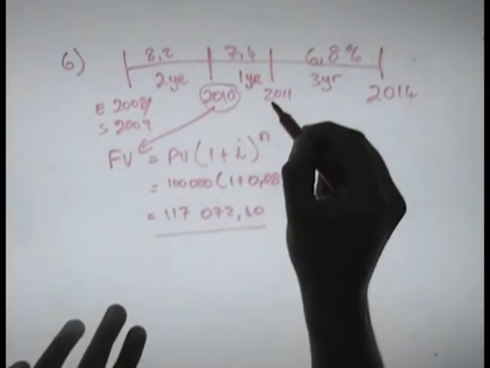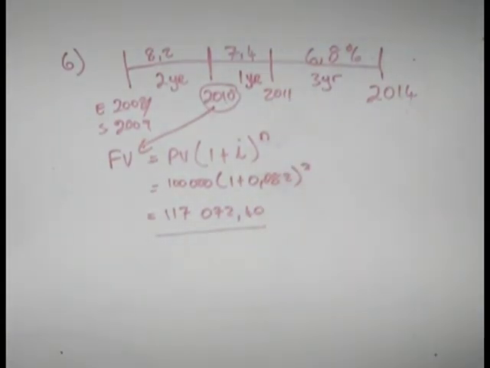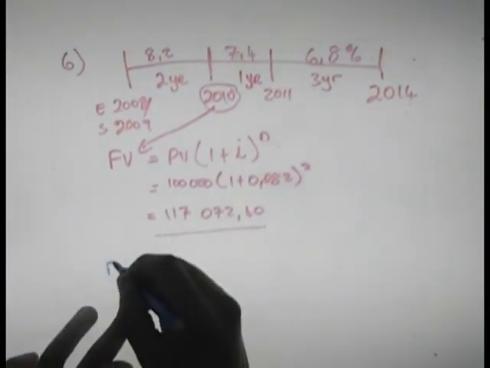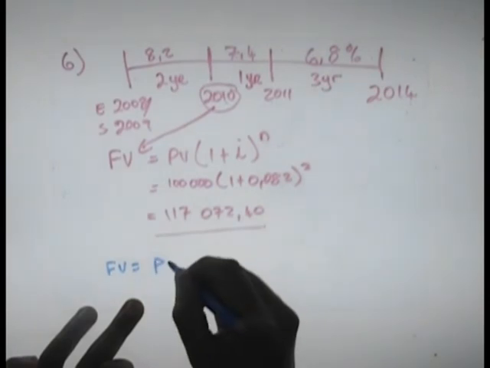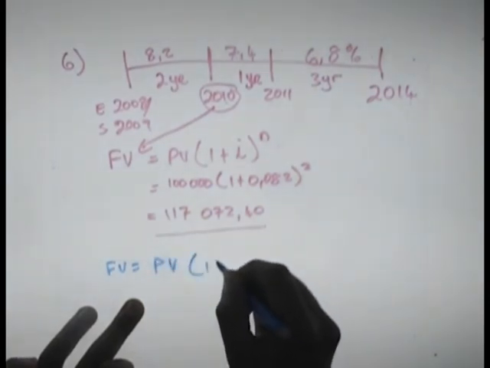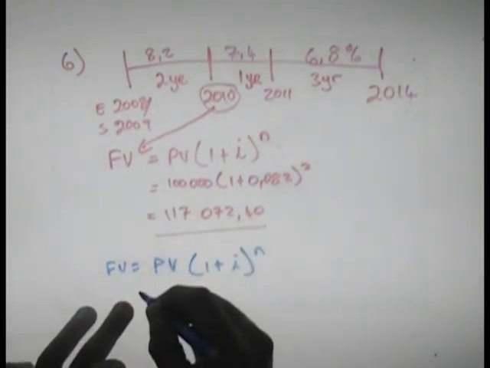We are now going to calculate the value at the end of 2011. For that, we will say future value again is equal to present value multiplied by 1 plus i to the power n.